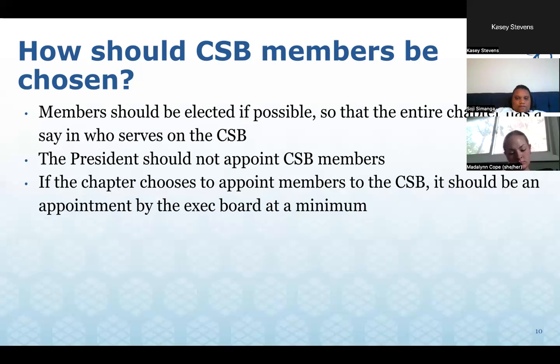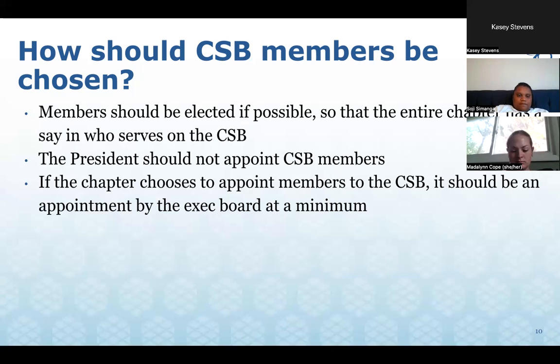And if the chapter does choose to appoint members, the executive board as a whole should probably decide on who those folks should be, whether they take a vote or whatever it is. That's like at a minimum. But I highly recommend that your entire chapter has a say in the members of the CSB.